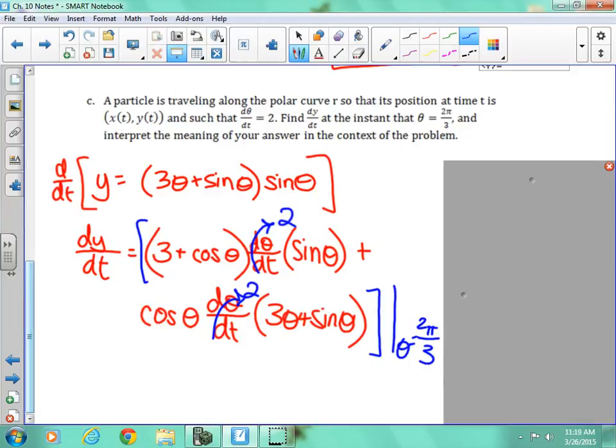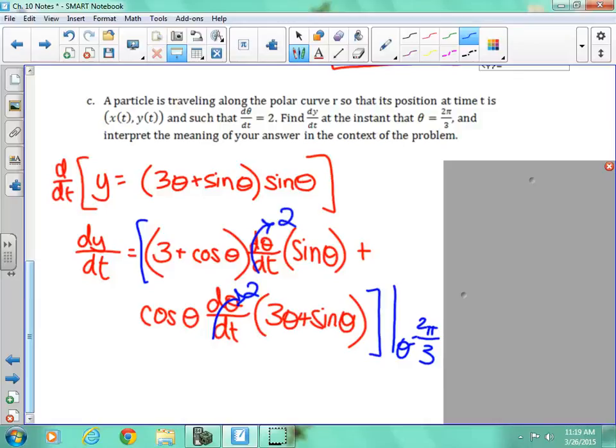So we can do 3 plus cosine of 2 pi over 3, times 2, plus sine of 2 pi over 3, plus cosine of 2 pi over 3 times 2 times 3, plus sine of 2 pi over 3. You guys can double check me. Anybody with me? Misty, I get negative 2.819.